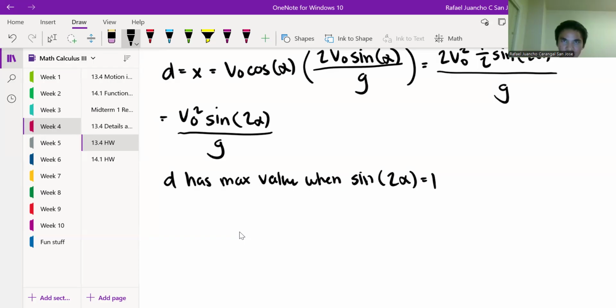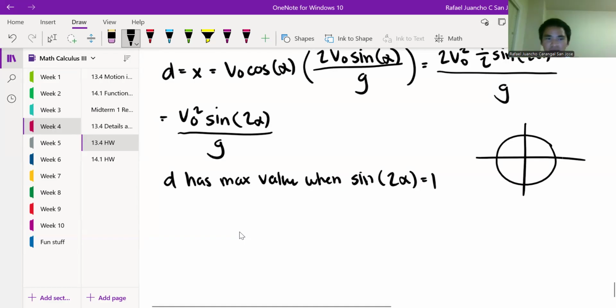I can see that from a trigonometric perspective, because if I look at the unit circle and I say my sine of something should be a 1, it should be here.